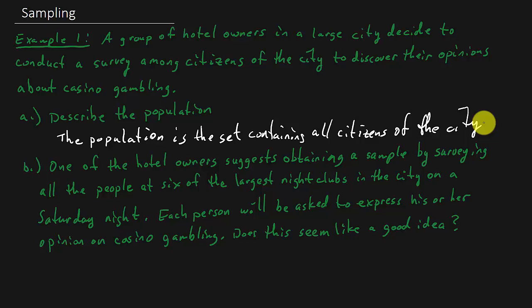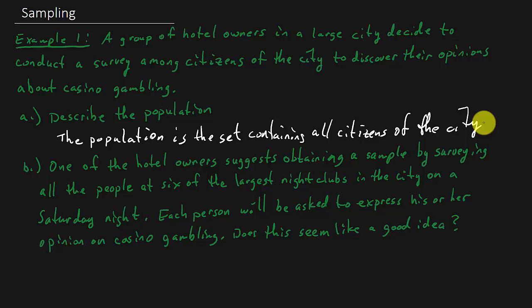That's one of the important things about statistics: when you're collecting your data, you've got to make sure you collect it in a way that's not biased, where you're not going to skew your results. So in this case, questioning people at 6 of the largest nightclubs is probably not a good idea.